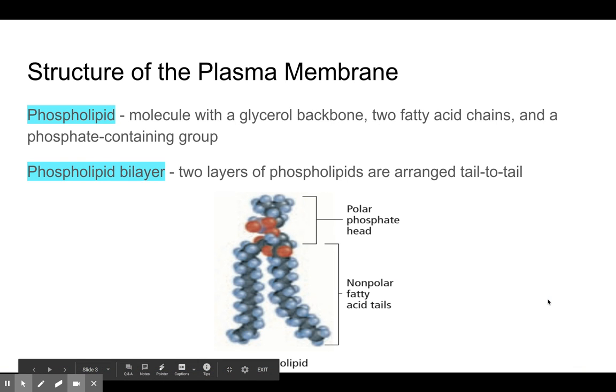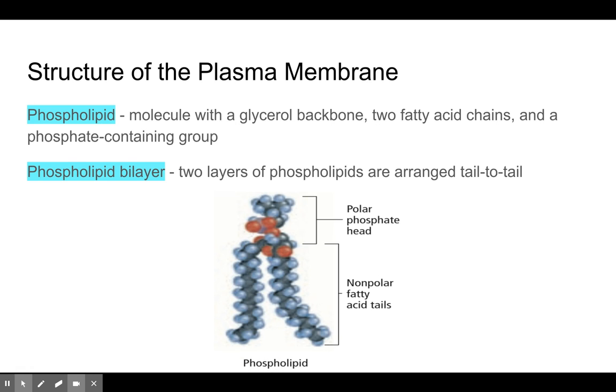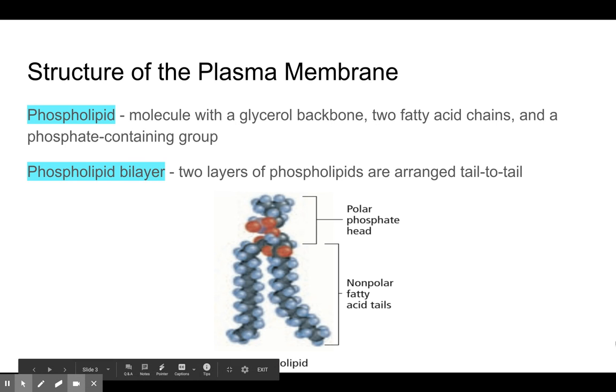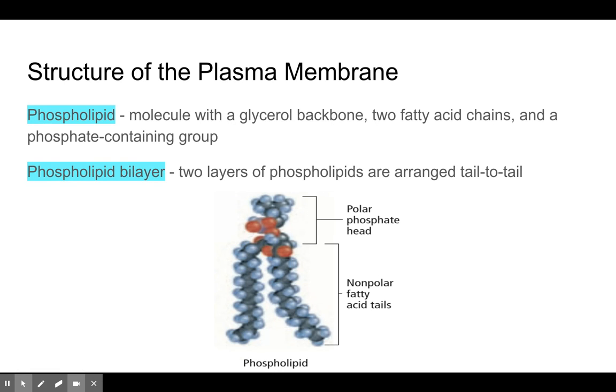So it's really important that you understand the structure of the plasma membrane. It's why and how the plasma membrane functions like it does. So phospholipid bilayer is something that you're going to hear a lot of, and that just means that it's two layers. Bi means two. So the phospholipid bilayer is two layers of phospholipids and they're arranged tail to tail.